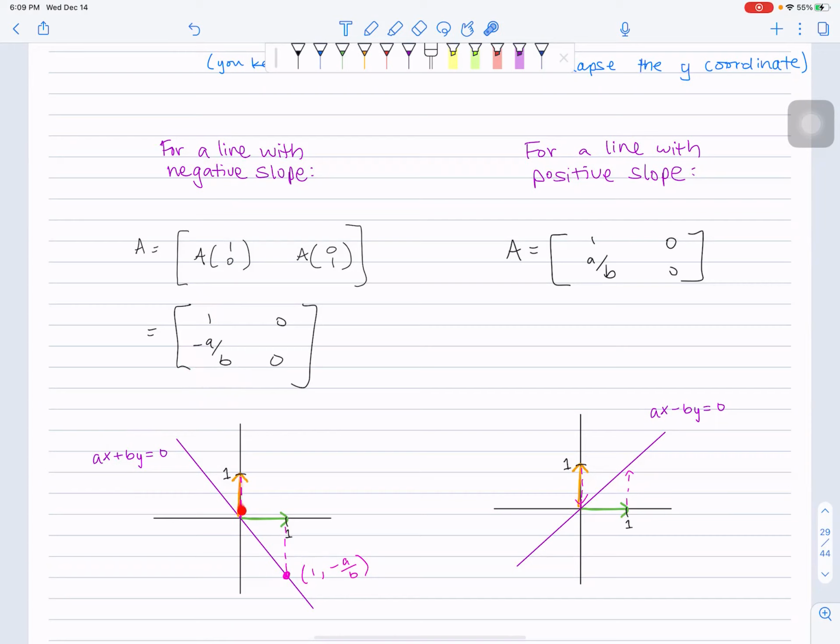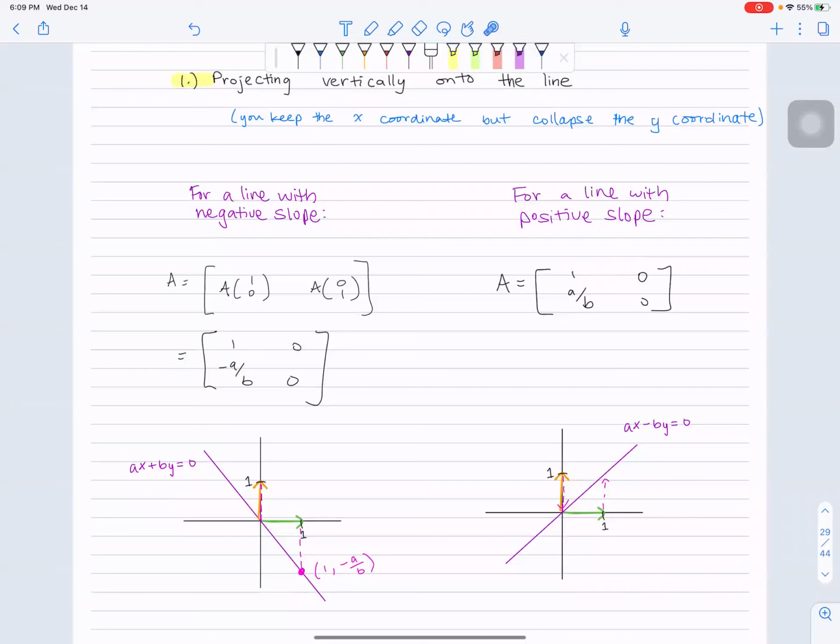What happens to the orange vector, or the j vector? I project it vertically down and it goes to the origin. So I write 0, 0. And I can generalize this to any line I choose. The reason I have 2 different ones is that, as always, a formula specifically doesn't always work super well. So that's why I don't recommend just memorizing these.